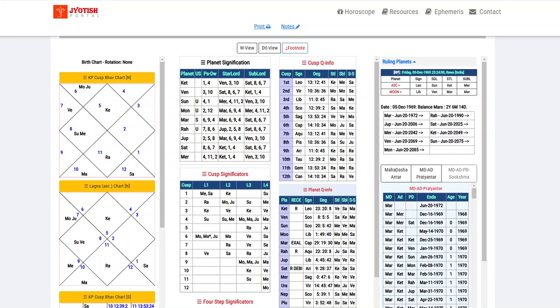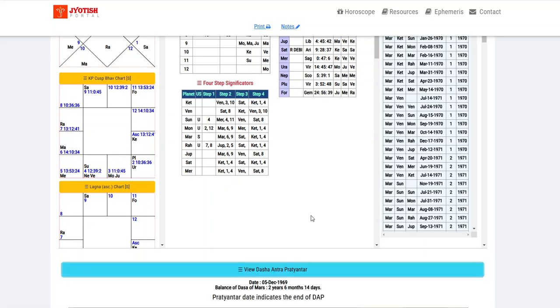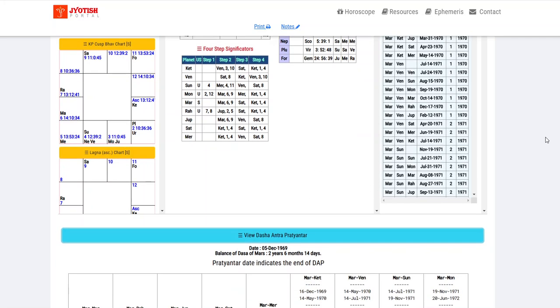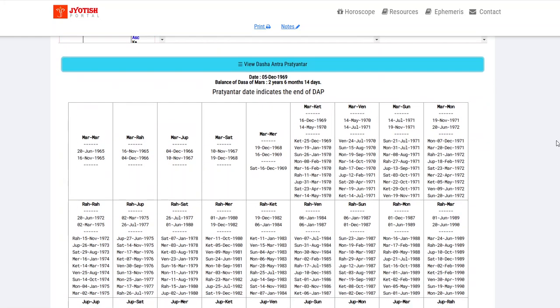In the Jyotish portal, when you have calculated the horoscope, all you have to do is go to the dasha, antar and pratyantar. When you click on it, it gives you the dasha, antar and pratyantar for that horoscope.